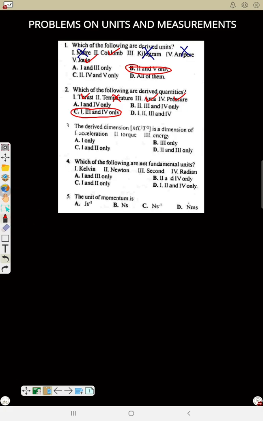So number 3, the derived dimension ML square T raised to power minus 2 is a dimension of what? Now let's test it one by one. The first one given is acceleration.